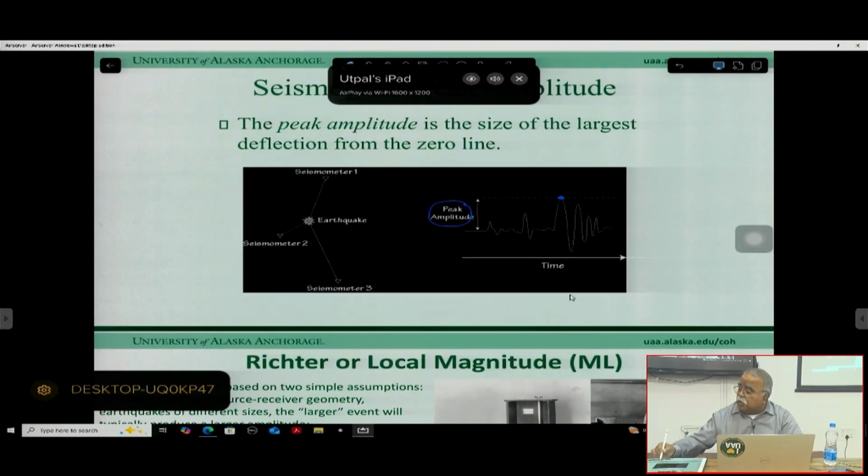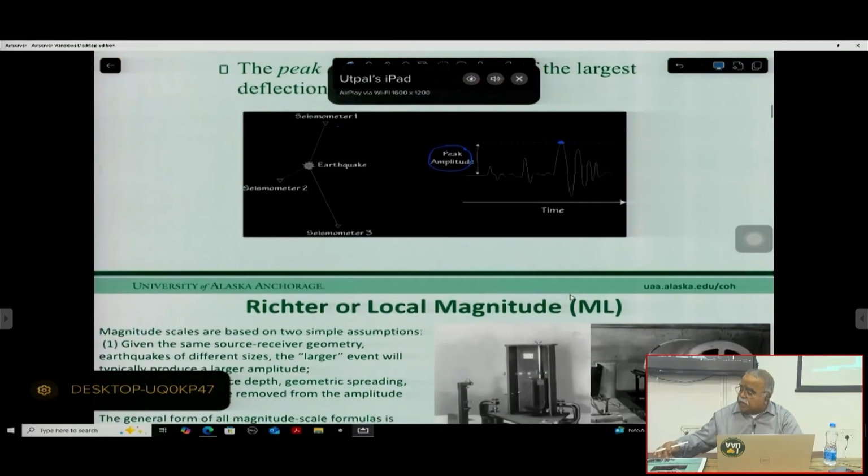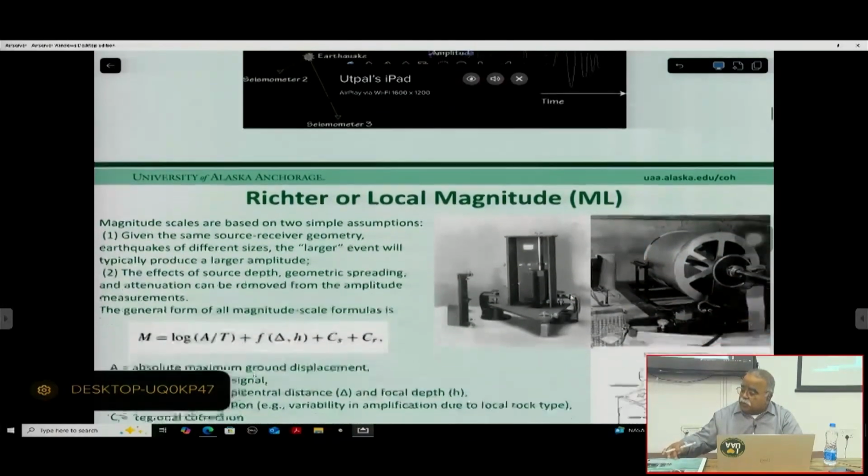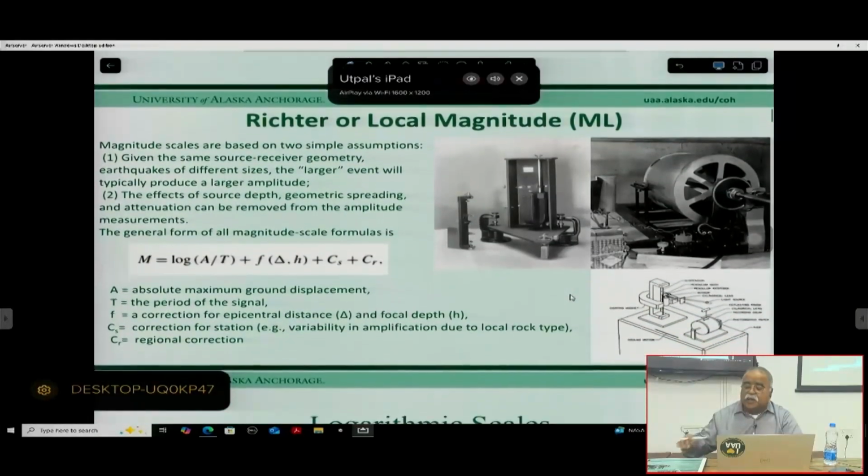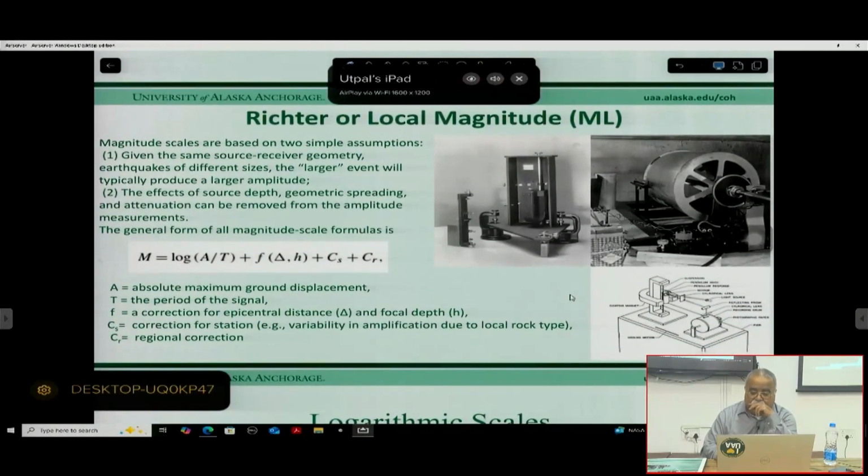But we are not interested in that. We are only interested in the maximum recorded amplitude. And this can be done at 3 or 4 different stations or with distance. And then they calculate this Richter magnitude, right?